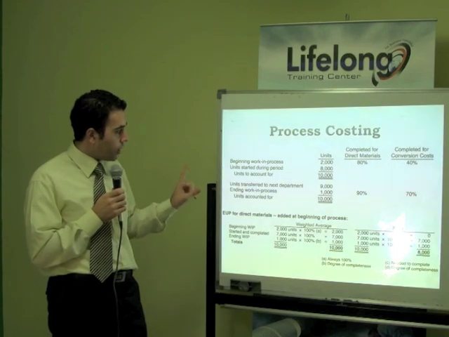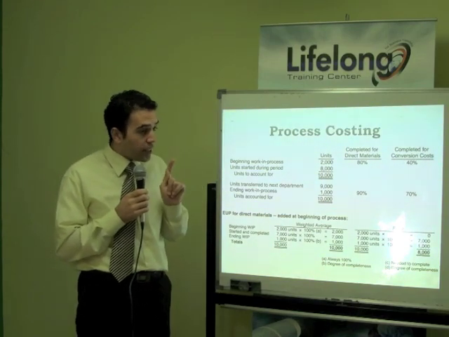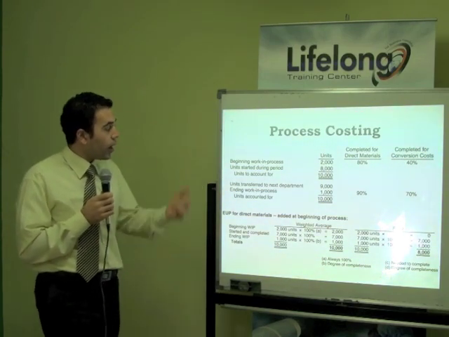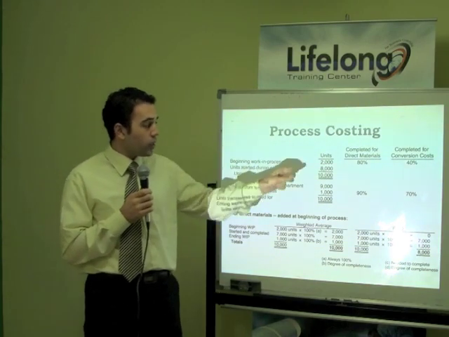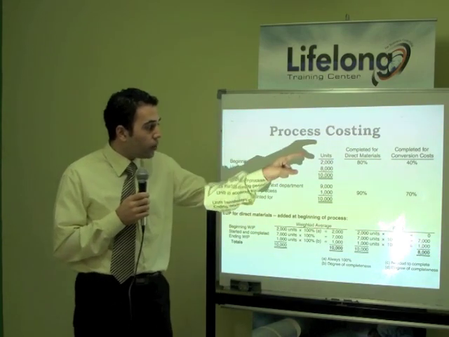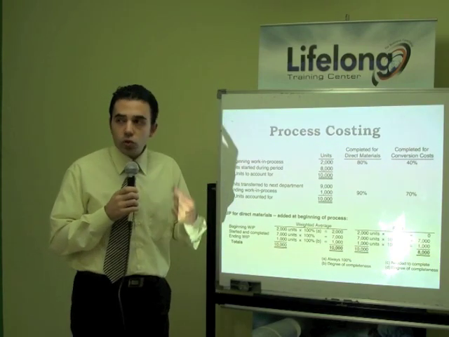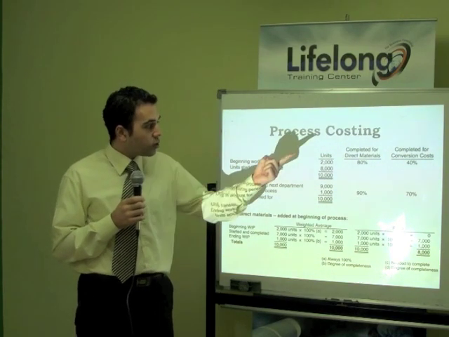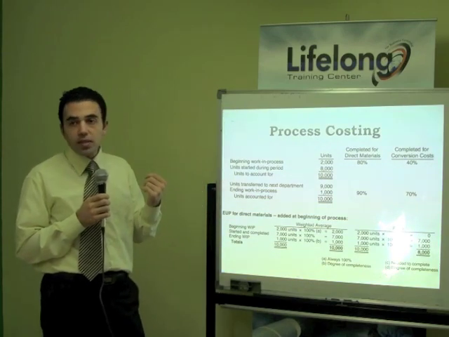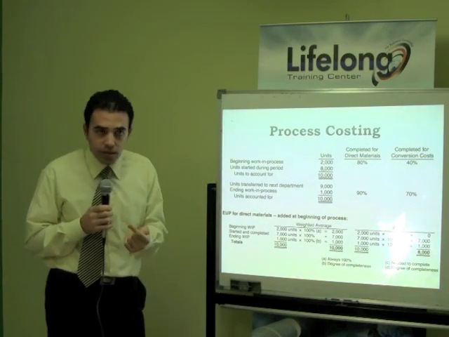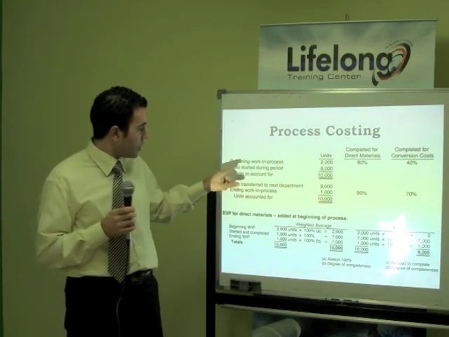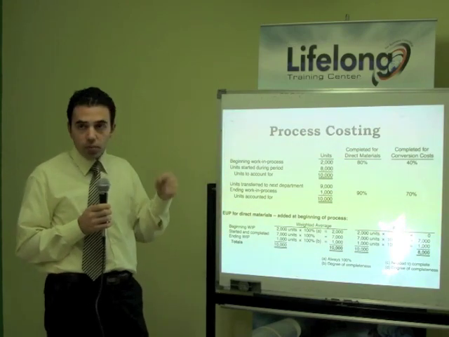At the beginning of the year, we received from the other department 2,000 units. They were completed for direct materials 80%, so we still need to do 20% work on them. And conversion cost, they completed 40%, so we still need to work on 60% of them. See, so these are not really completed, they are work in process.